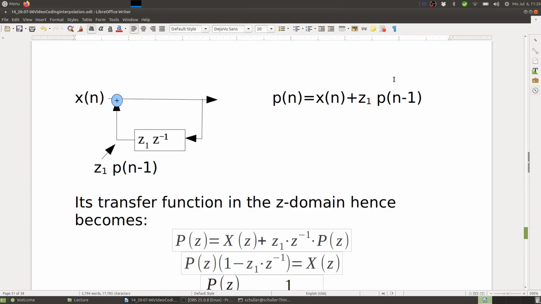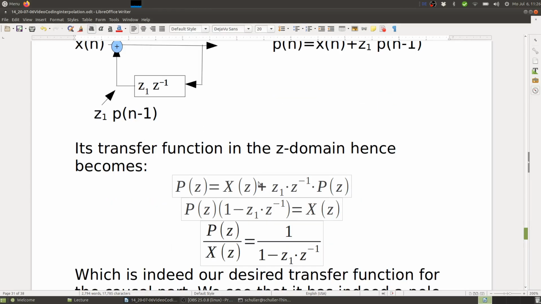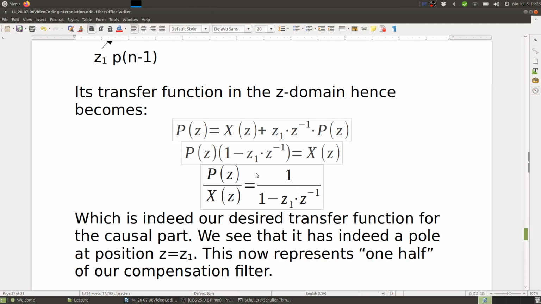And when we take this and analyze it in the z domain, this is what we get. So P of z is X of z plus z1 times z to the -1 times P of z. Then we can again factor out P, get this, and then the result of the transfer function is this. So this is exactly the causal part of our IIR filter. Right?